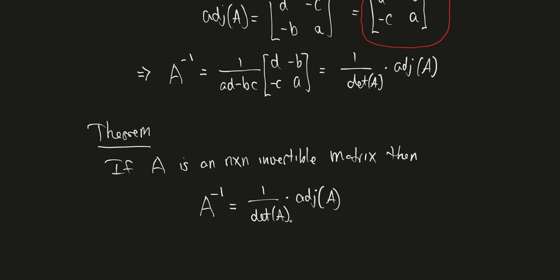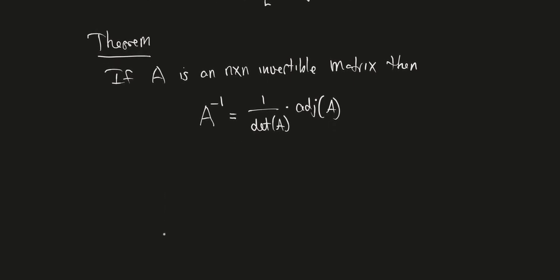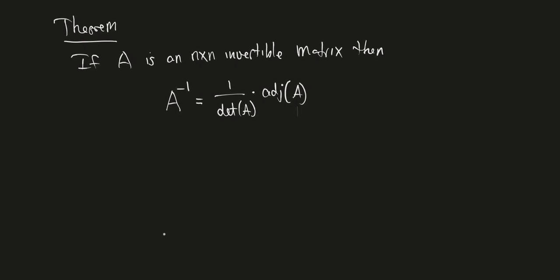All right. So just to wrap this up, there's not much else to do other than to illustrate maybe how this process works. So let's do it for a 3 by 3. For a 3 by 3, it's not necessarily an easy process, because you have to find all the cofactors, right?